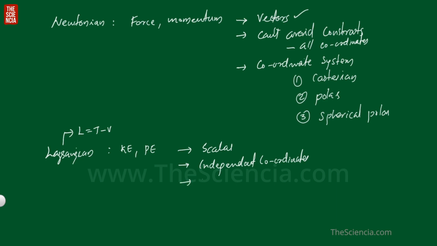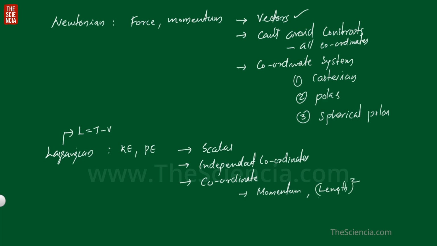And the coordinate system: we don't want to restrict it to Cartesian, polar, or spherical polar coordinates in Lagrangian mechanics. We can take momentum as a coordinate. We can take length squared as a coordinate.